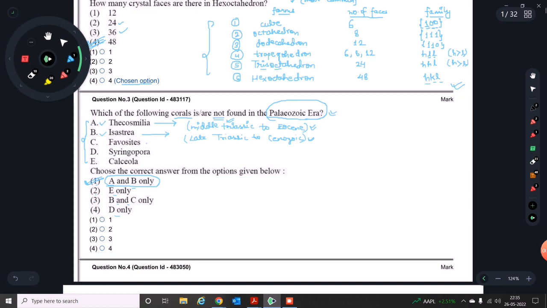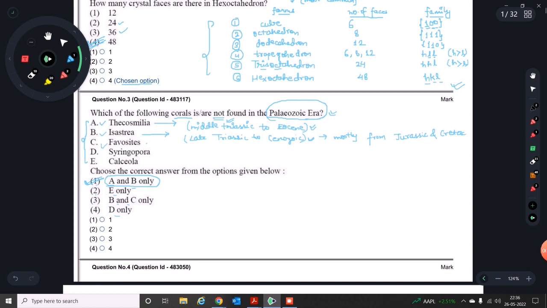This is the complete range, but it is mostly from Jurassic and Cretaceous.